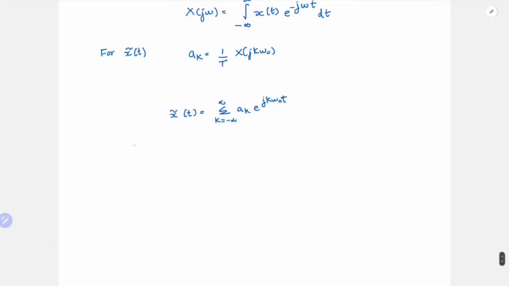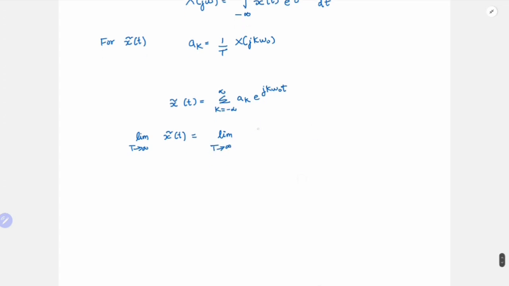Now if we take the limit on both sides, as T tends to infinity, x tilde of t equals the limit as T tends to infinity of the summation k equal to minus infinity to infinity ak e power jk omega naught t.